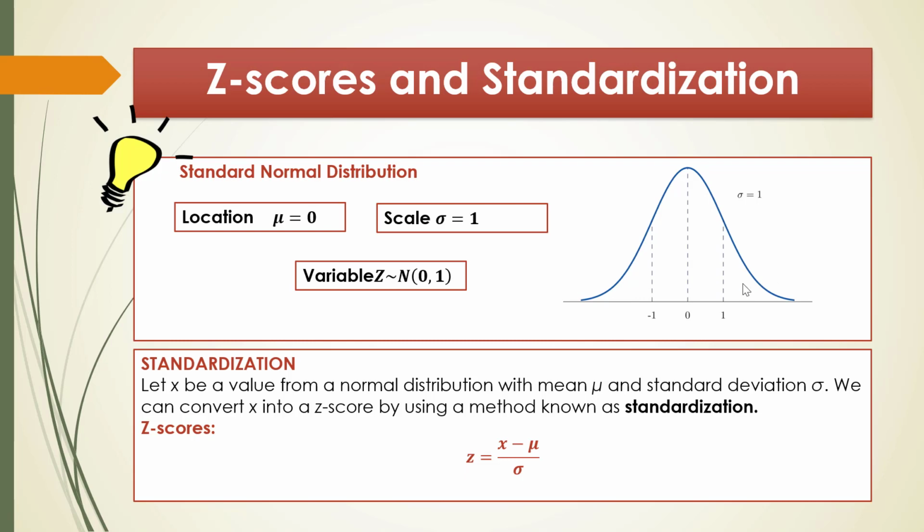So basically the graph will be shifted either to the left or to the right depending on whether mu is positive or negative, and we divide by sigma to make sure we can either shrink or enlarge the picture until sigma is 1. So standardization is basically just a transformation.